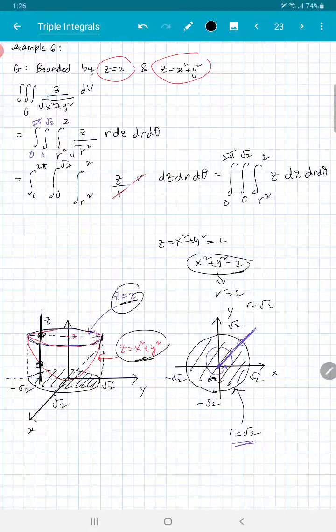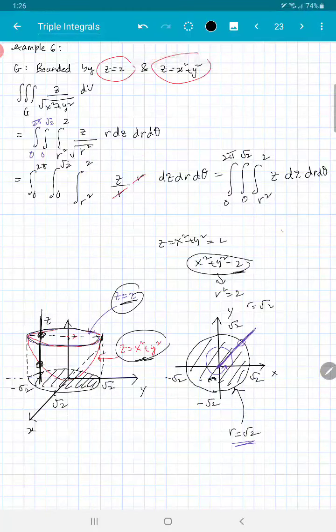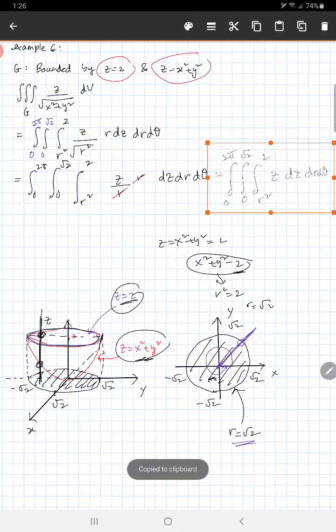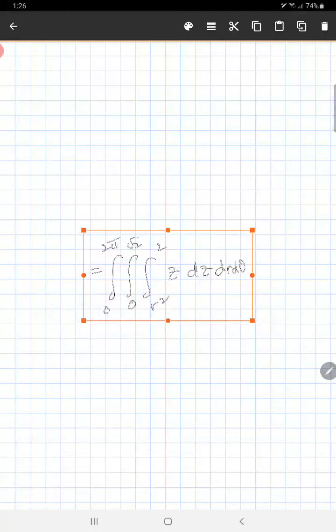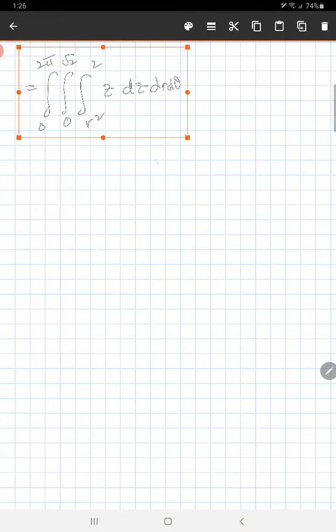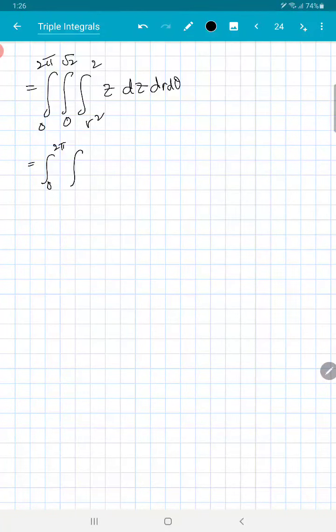Once you have all the limits, it is so much easier to evaluate this. So I'm going to copy this to the next page. Okay, let's evaluate. Integrate the inner integral first. Integrating z with respect to z will give you z squared over 2.